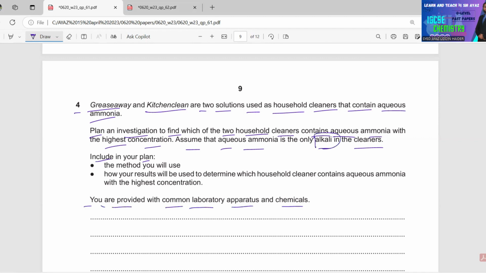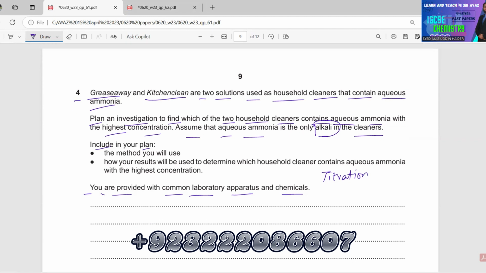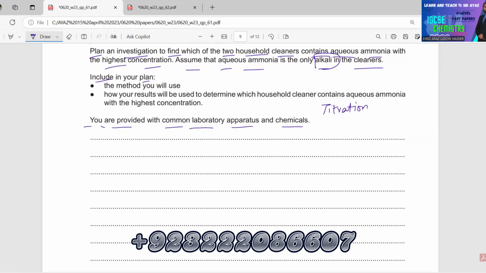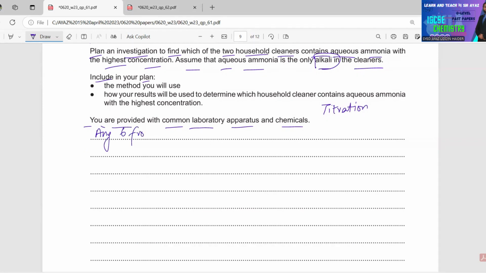Now they are saying ammonia is the only alkali. So definitely you will go for the titration method. You can write any six of these. These are very easy steps.